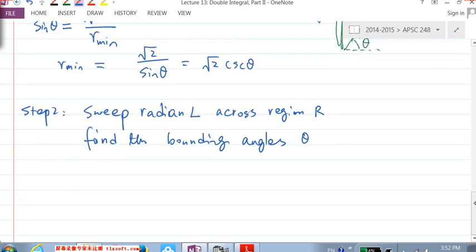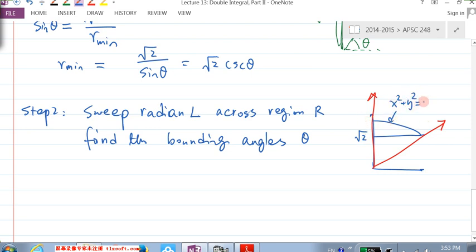In this particular case, I'll draw it here again. You have one over here, and one over here. So those are the two bounding locations. And this is root 2, and this is x squared plus y squared equals 4. Okay?